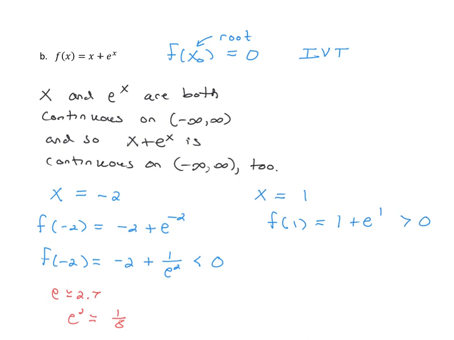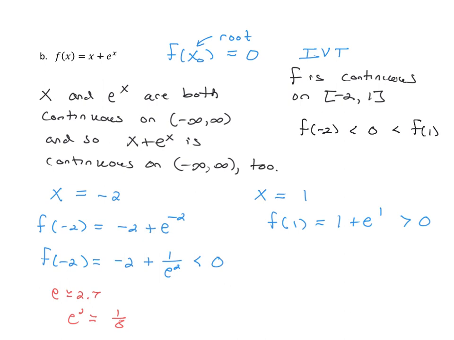So here's what we have. By the intermediate value theorem, I know that f is continuous on the interval from -2 to 1. I'm choosing -2 and 1 because that's a spot where I know it's negative and then it's positive. So f of -2 is less than 0 is less than f of 1.